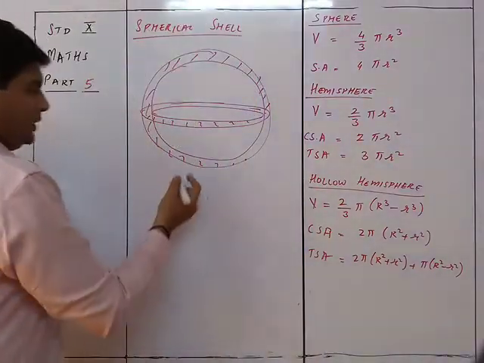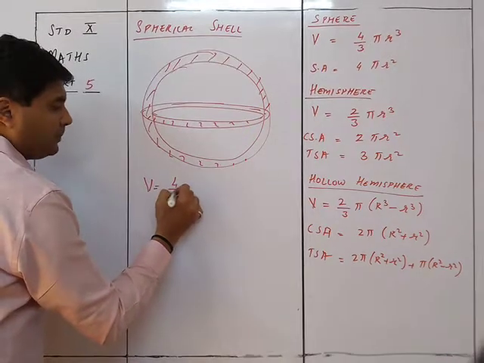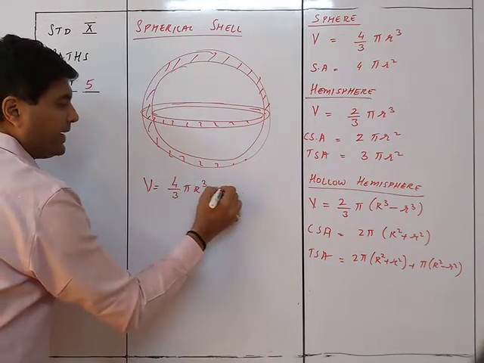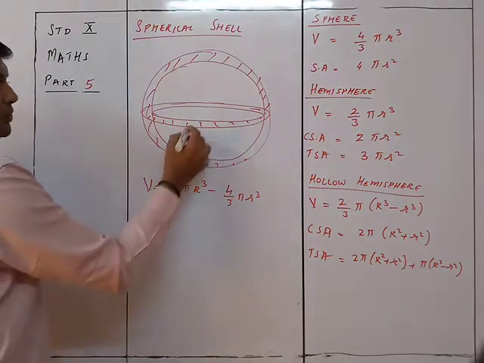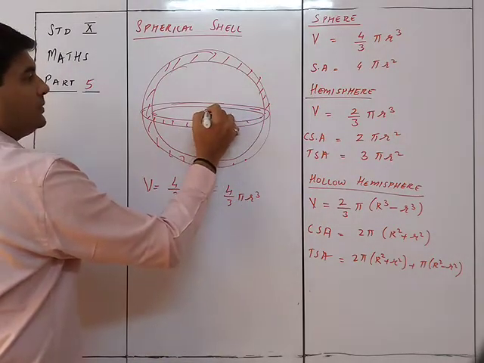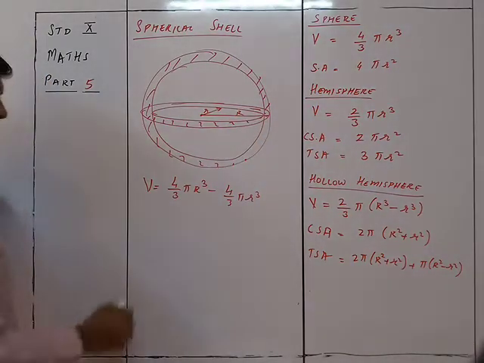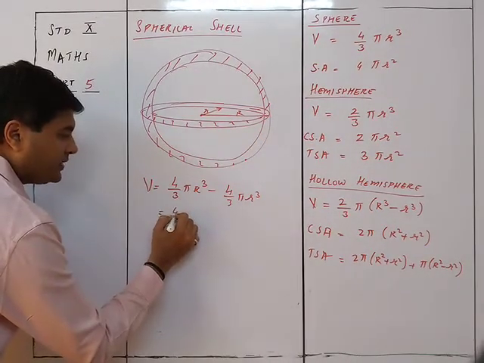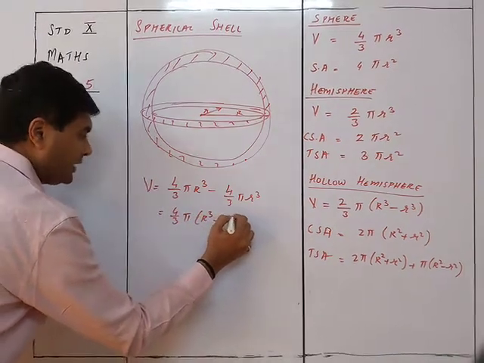So over here, the volume will be equal to 4 upon 3 pi R cube minus 4 upon 3 pi small r cube. So this is the small r and this is the big R. Hence it will be 4 upon 3 pi bracket R cube minus r cube.